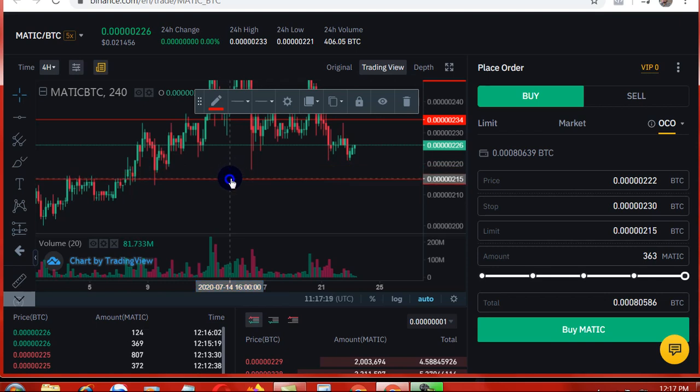As you can see, this is another support region. If it falls to this place, it should buy.